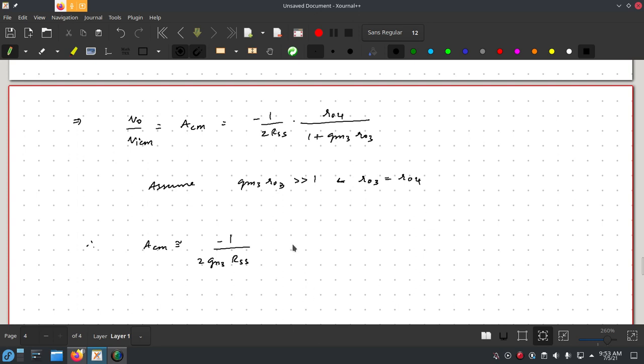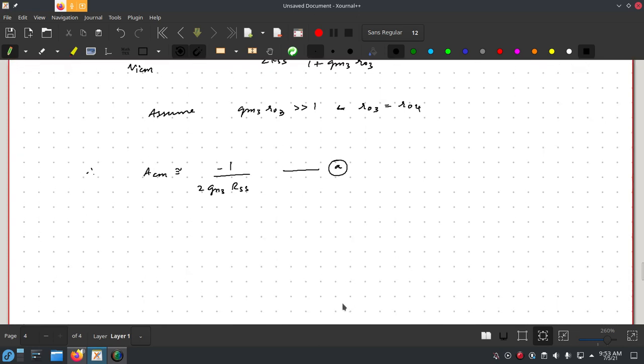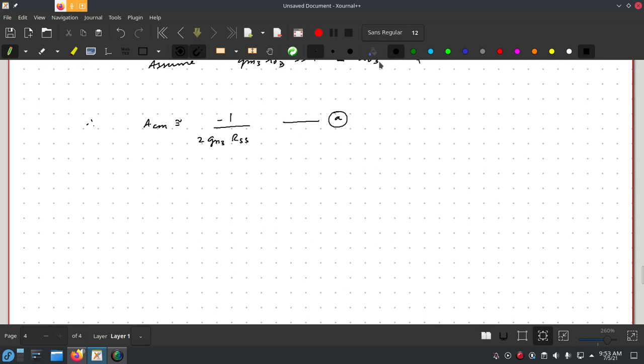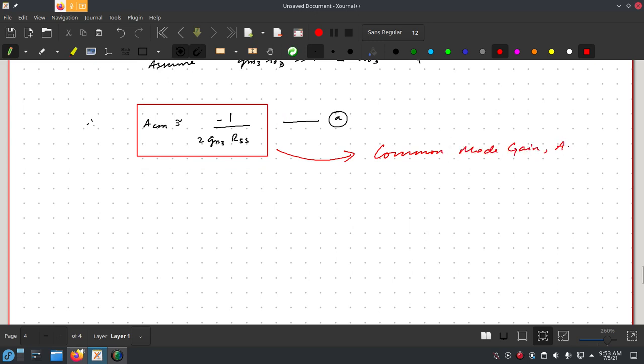I will call this equation A. Now this is my common mode gain, ACM. Now I have to find CMRR.